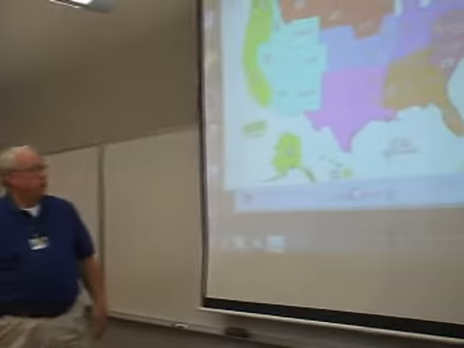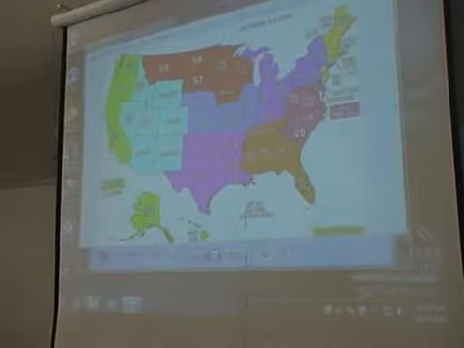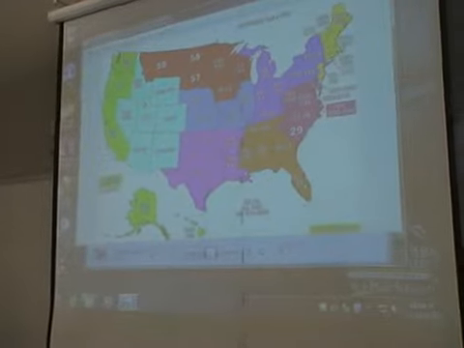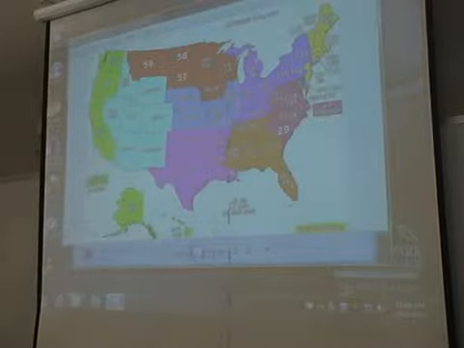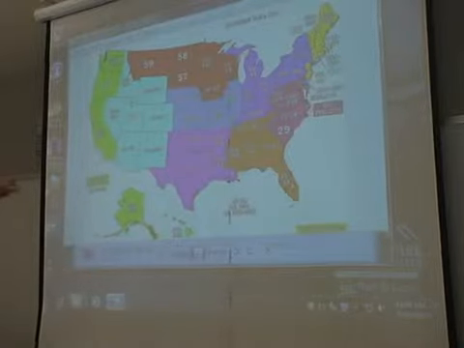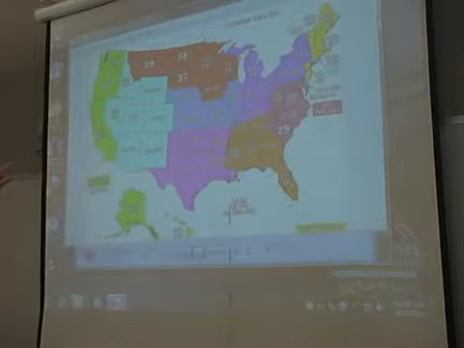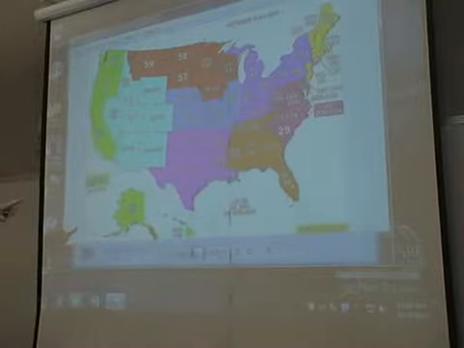This is a zip code map of the United States. If you look at that for just a couple of minutes, what can you tell me about a 5-digit zip code? Some of these have 3-digit parts up there, so ignore that, and look at the parts that just have 2 digits.